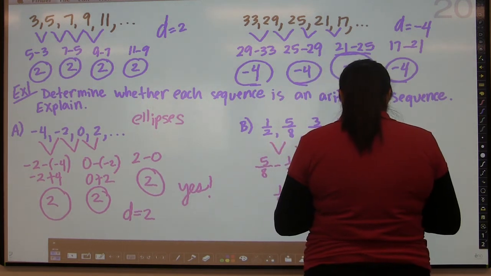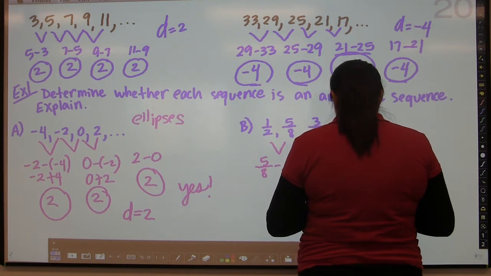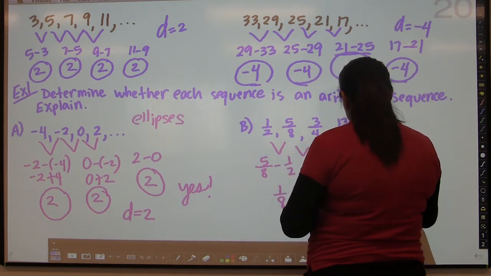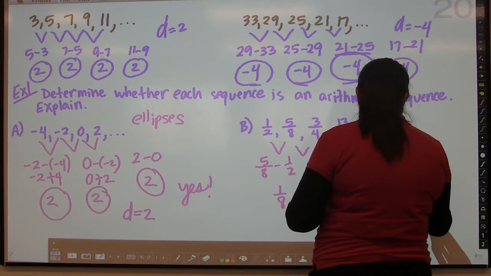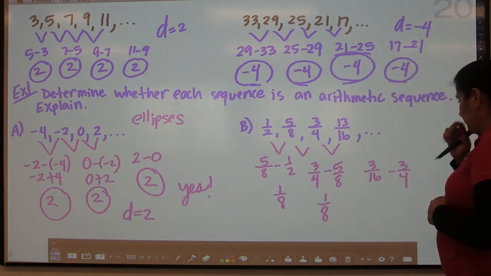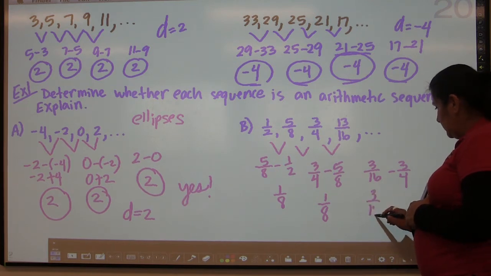So our last one is going to be 3/16 minus 3/4. And in this case, we have to take the 4 times 4. This is actually going to be 12. So this is going to be 3/16.